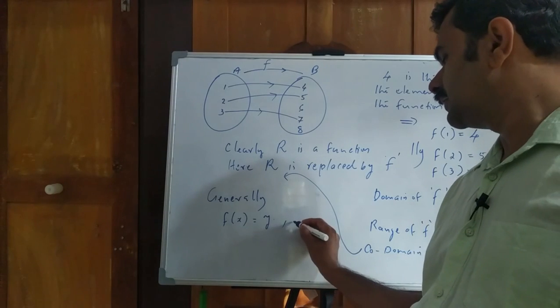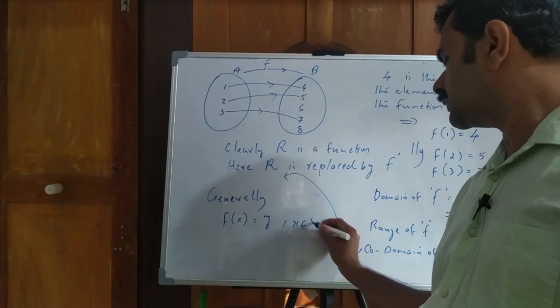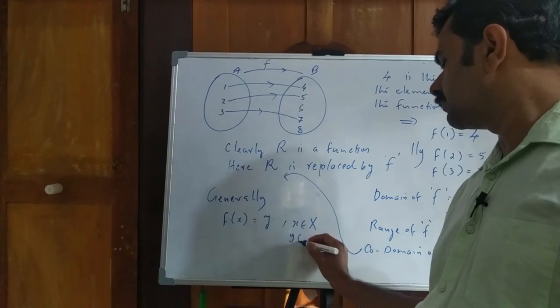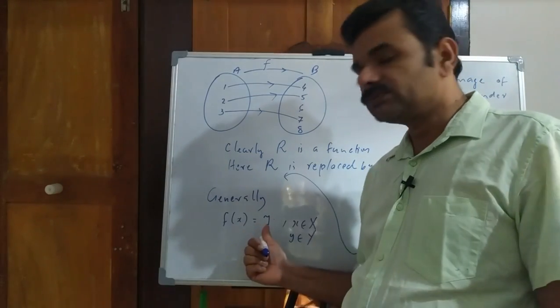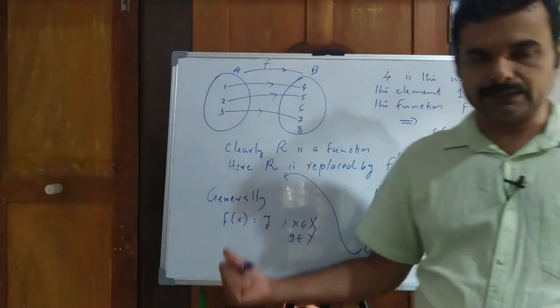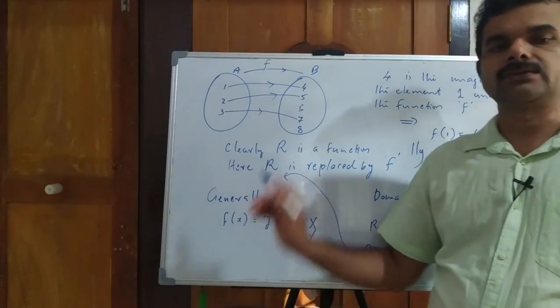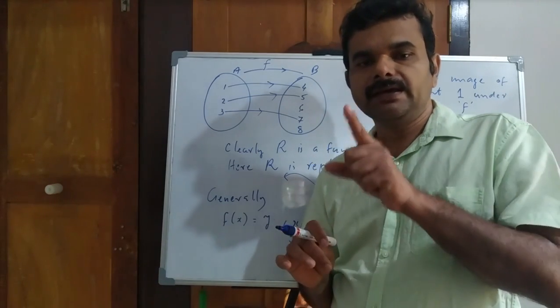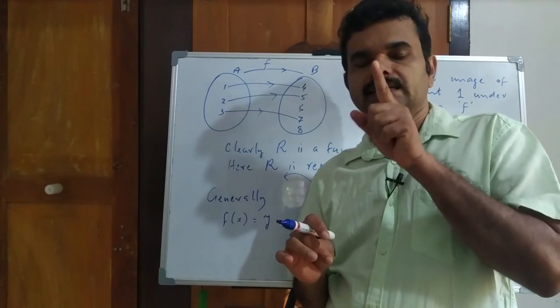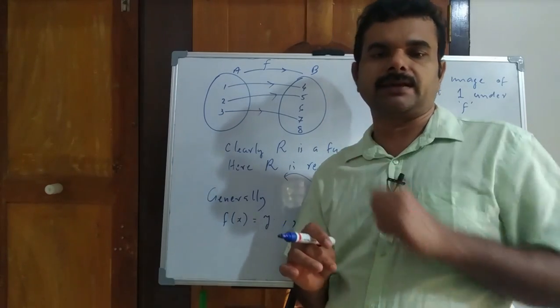Then x belongs to the x-axis, y belongs to the y-axis, isn't it? So another name of y is what? F of x for a function f. F of x equal to y. By saying f of x equal to y, it means the image of x under the function f is y.